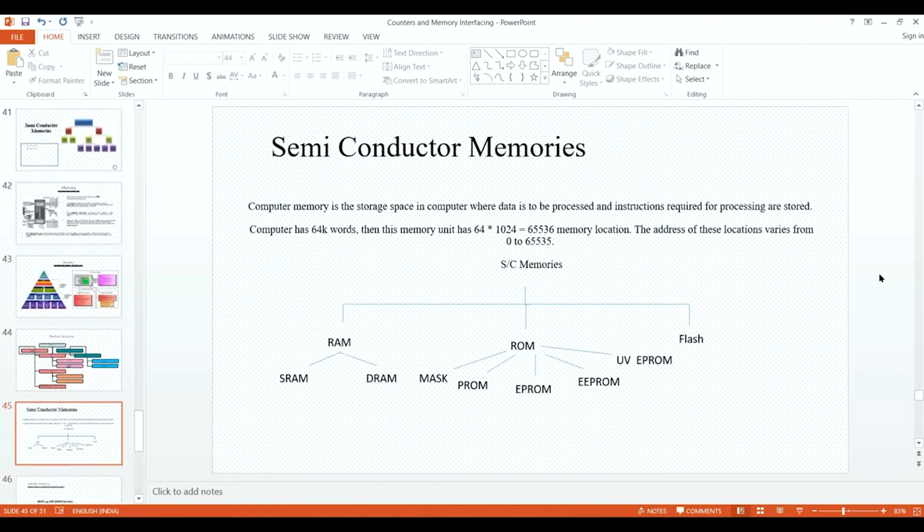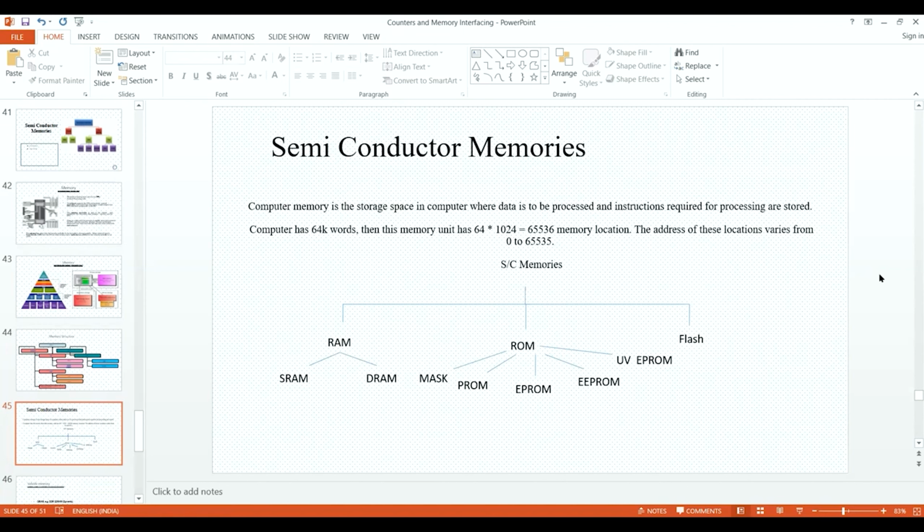When I say 64K, how many memory locations does it have? 1K is 1024, so 64 into 1024, and the memory allocation starts from 0 up to that value. Similarly, if I have 1024K, that is 1024 into 1024 memory locations, and these would be in RAM.